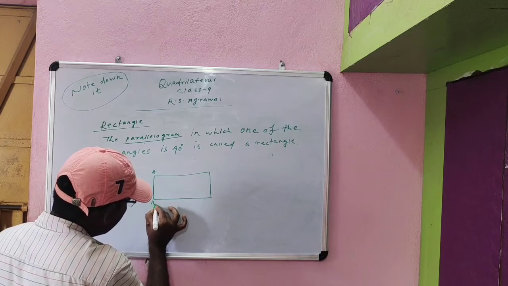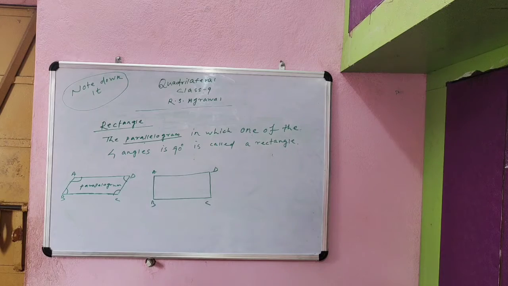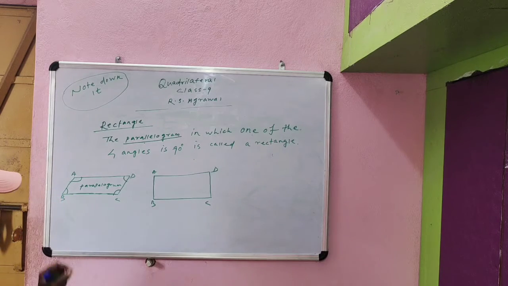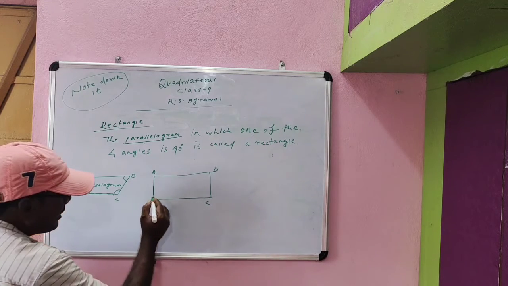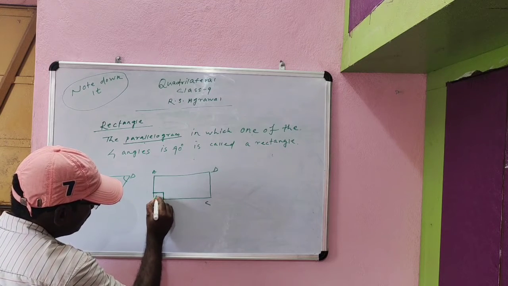It means the parallelogram in which one angle out of the four angles is 90 is called a rectangle. Suppose this angle is 90.